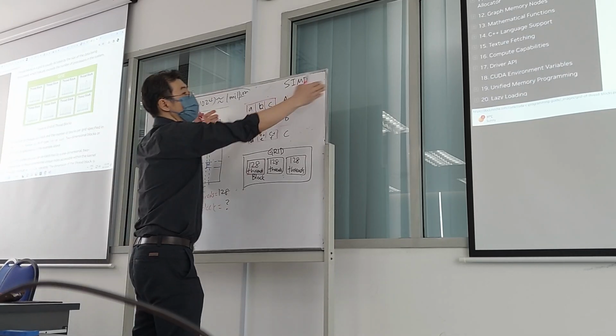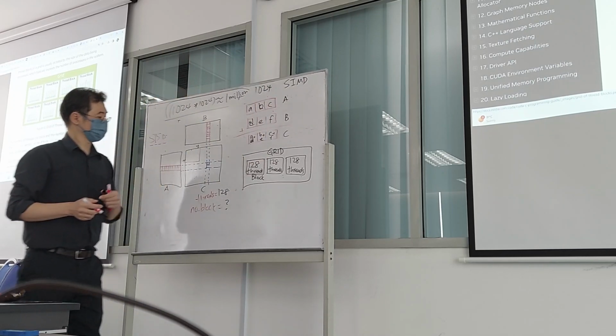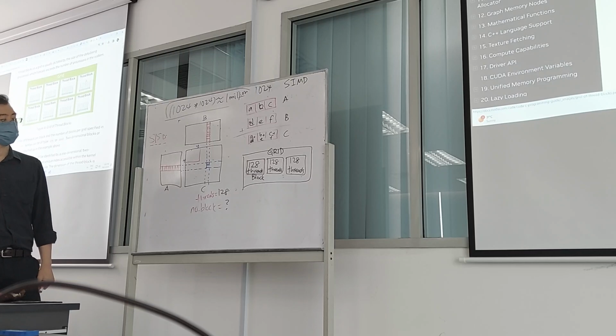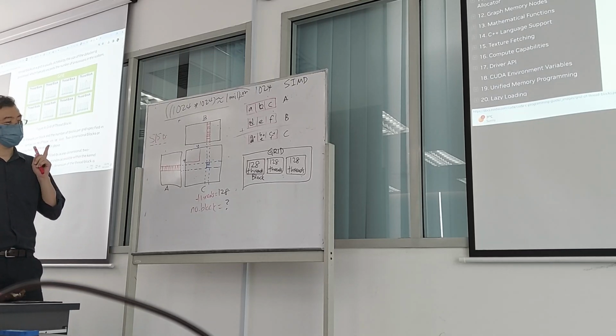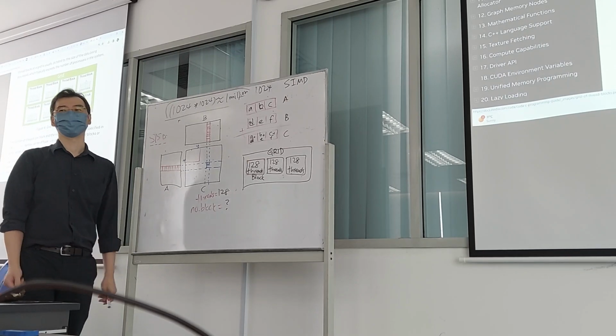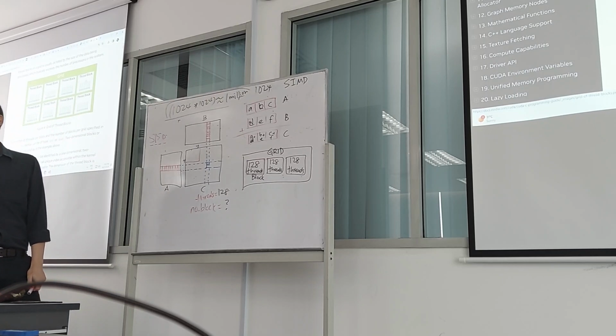Now my size is 1024. My number of threads is 1 to 8. How many blocks of threads do I need in a grid? How many? Come on, calculate. Don't stare at me, just calculate. Use your calculator. Huh? How many?